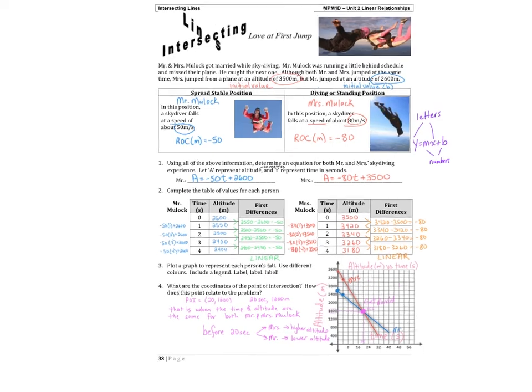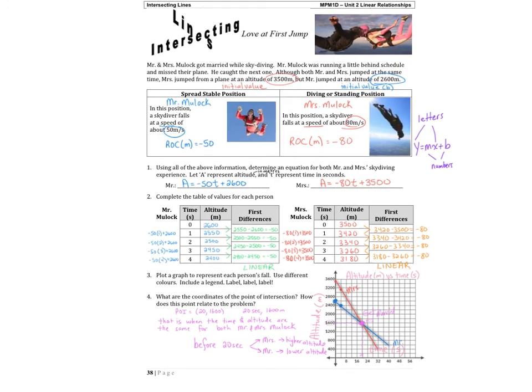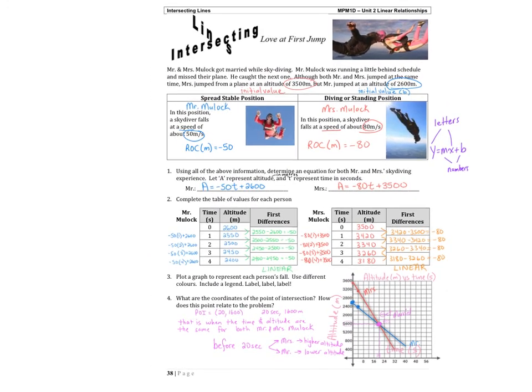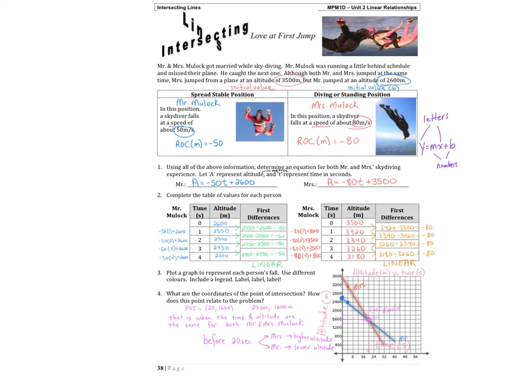So everything we've done in previous lessons, except for actually figuring out what the point of intersection was. But we've done all of this already. We've found rates of change and initial values, we've made equations, we've made tables of values, we've calculated the first differences, we've made graphs. So the only new thing is just getting that point of intersection and then figuring out what it means.